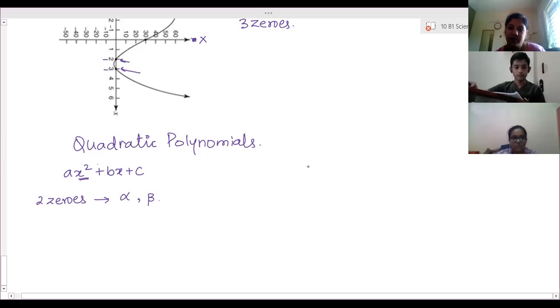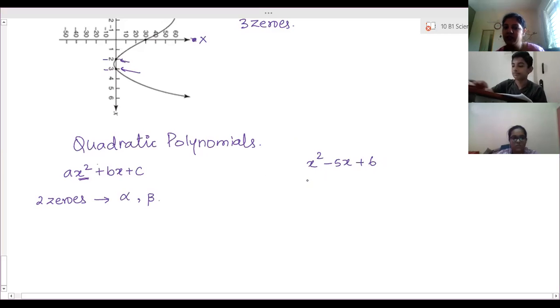Now, for example, see x square minus 5x plus 6. This is a polynomial, and we have to find the zeros of this. For finding the zeros, you first have to factorize this polynomial by middle term splitting.